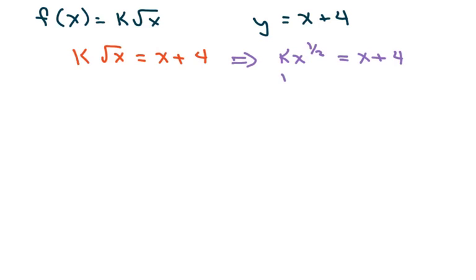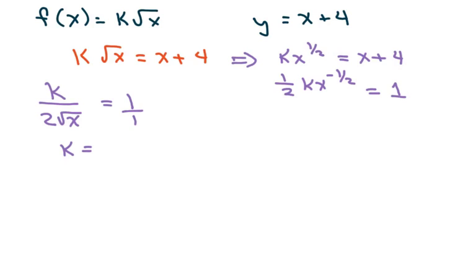So this is going to be 1/2 kx to the negative 1/2 equals 1. And rewriting this, I'm going to get k over 2 x to the 1/2, or I can just put square root of x, equals 1. So k, cross multiply, and you get k equals 2 square root of x.